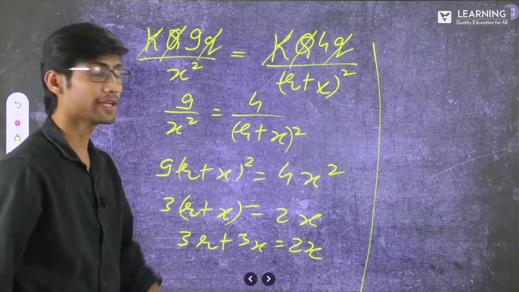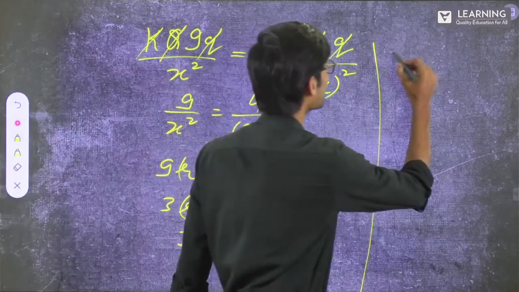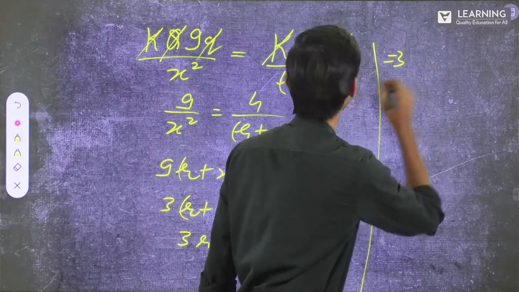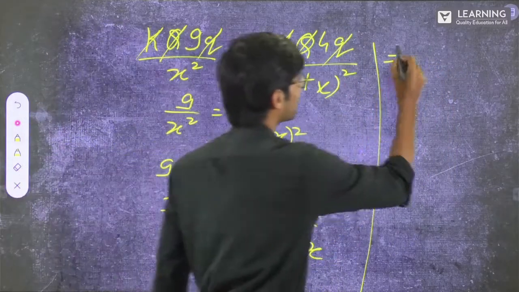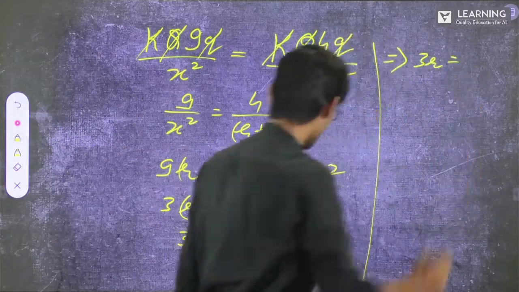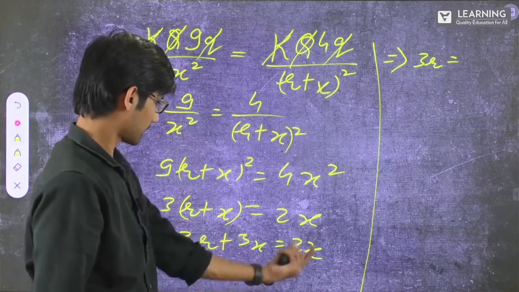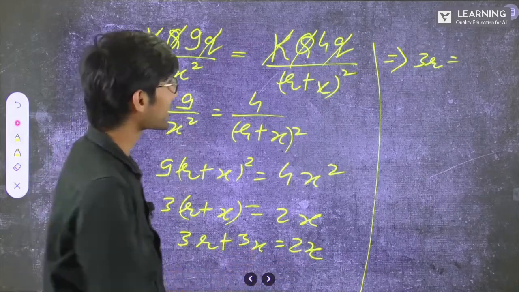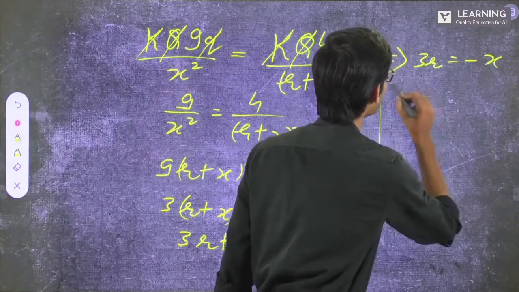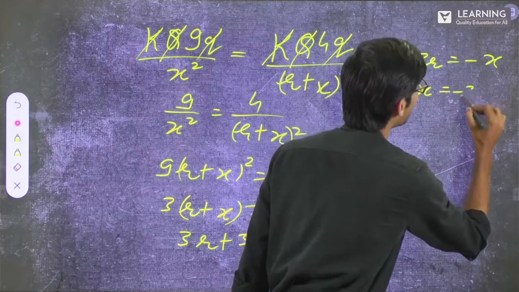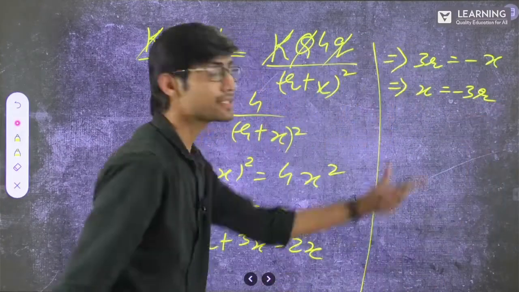Taking this 3x to the other side, what I'll get is 3r is equal to, how much is this? Minus x. Correct? That means x is equal to minus 3r.